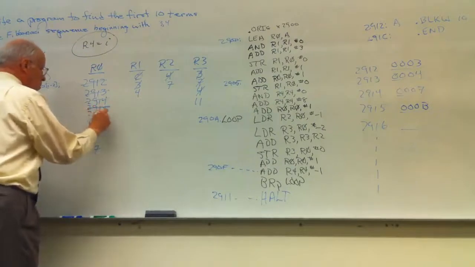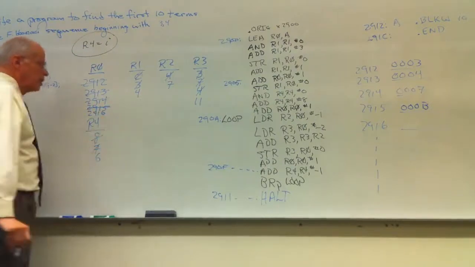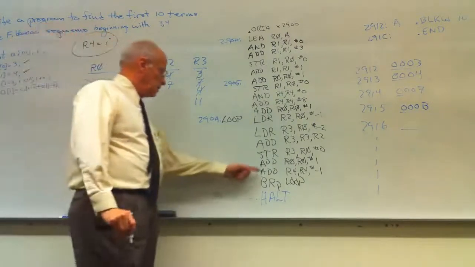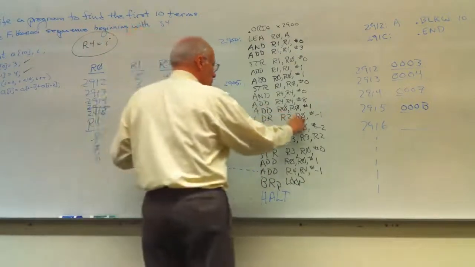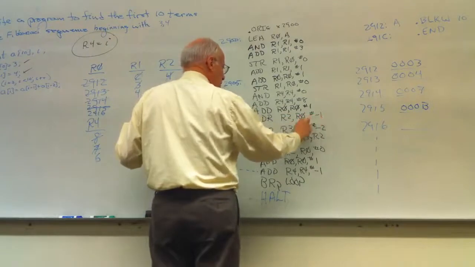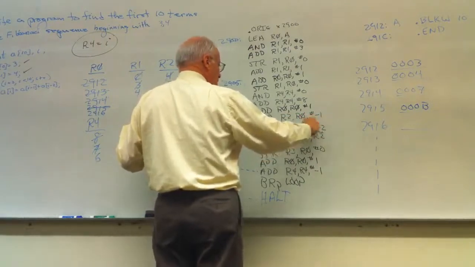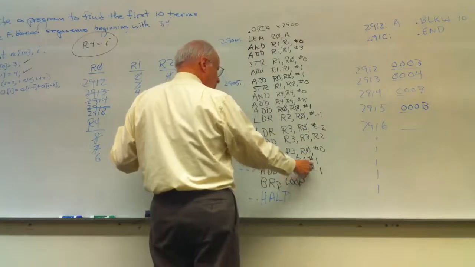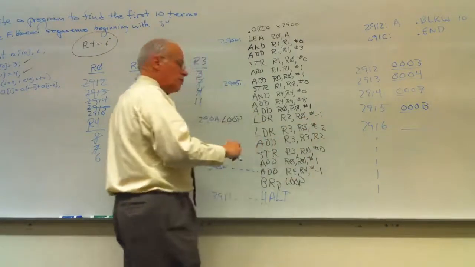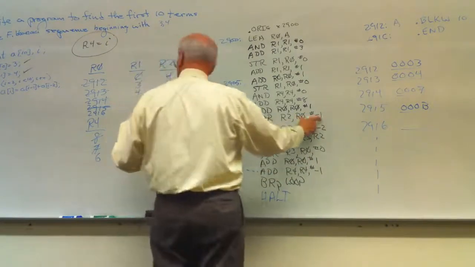Add 1 on here, subtract 1 here. Okay, still positive, so now I loop again. And you see, as I go through here, this combination, since register 0 keeps changing down here, I'm constantly referencing different memory locations.